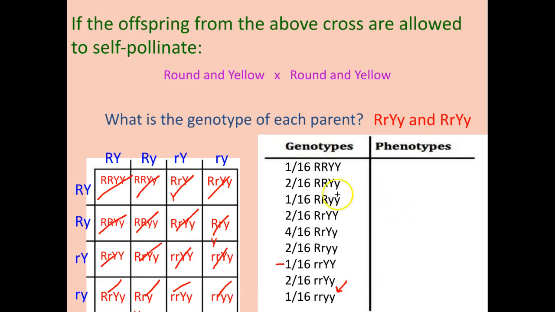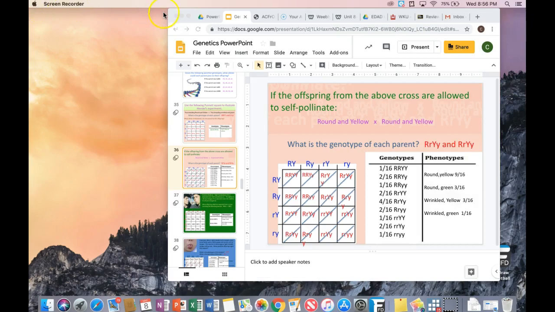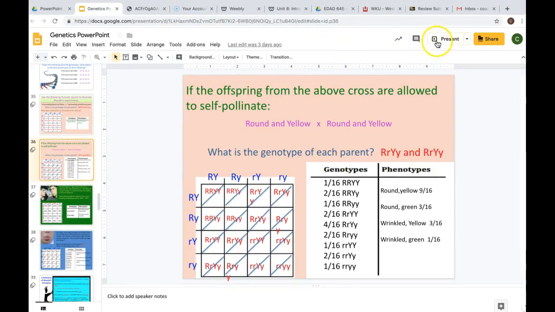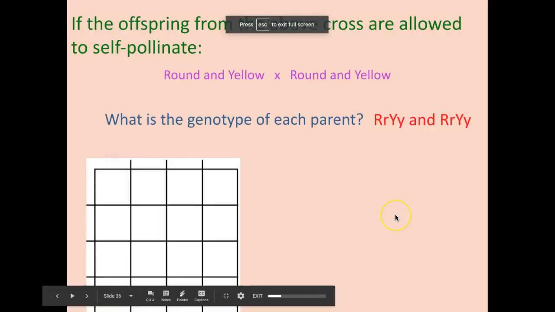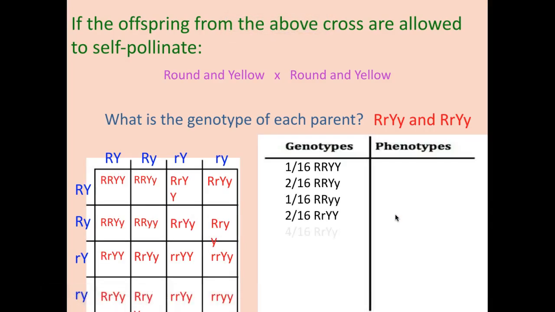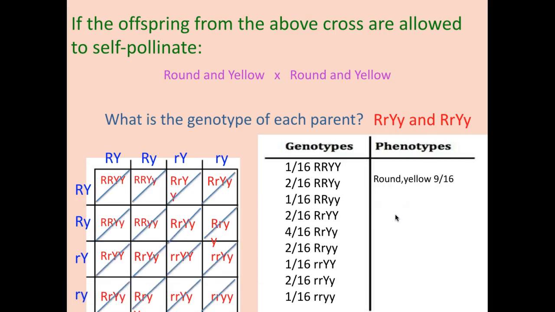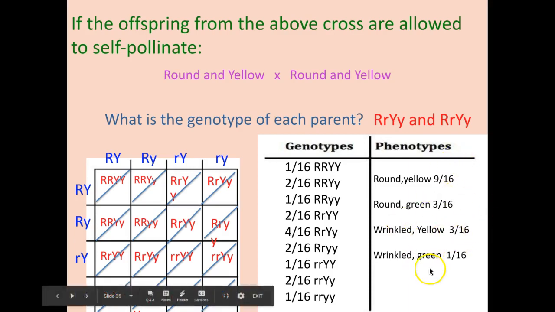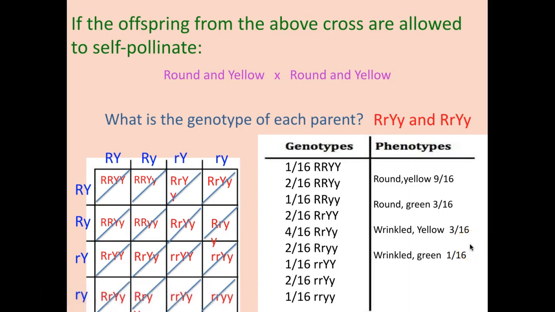Okay, and then of course we can look at the phenotypes. There we go. Have any questions, come see me, but I think this is pretty self-explanatory, okay? So now we can see the dihybrid cross and how that works.